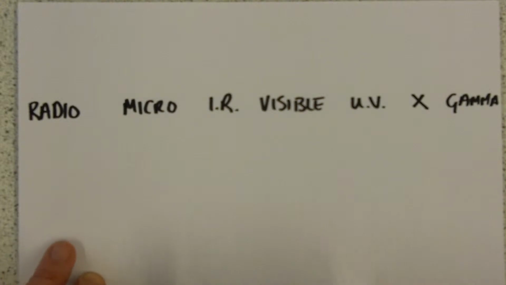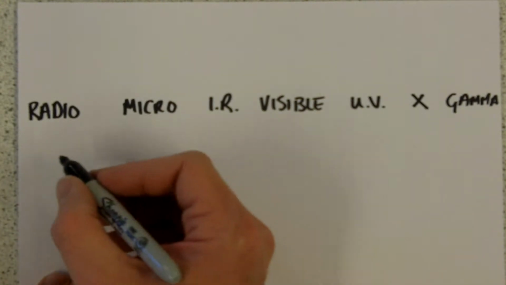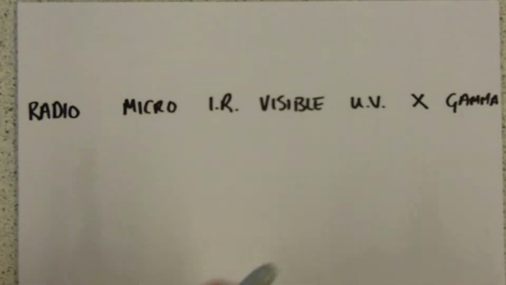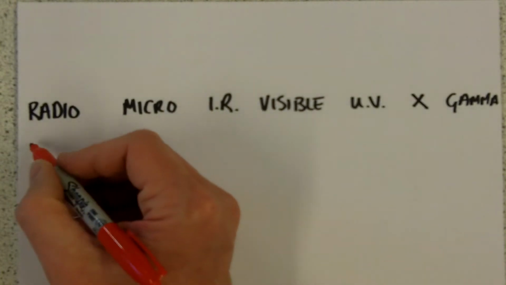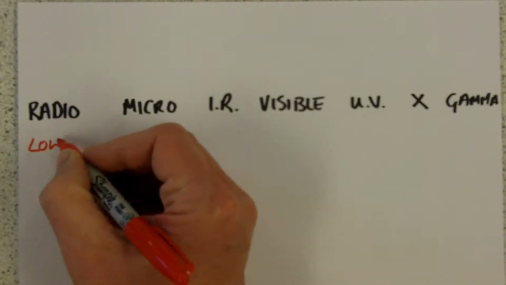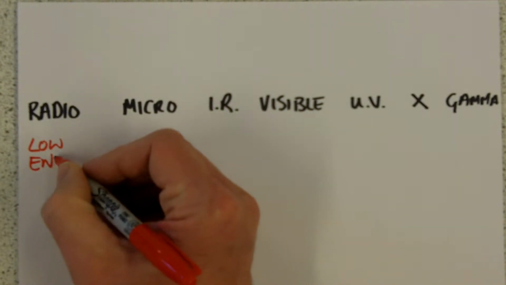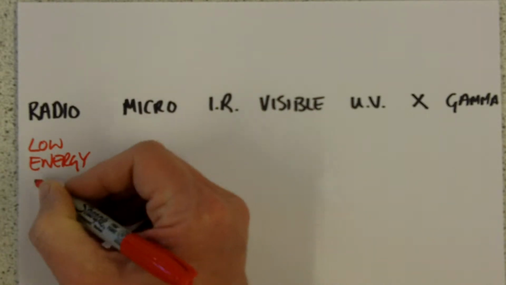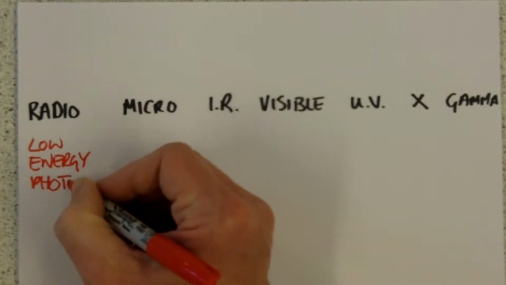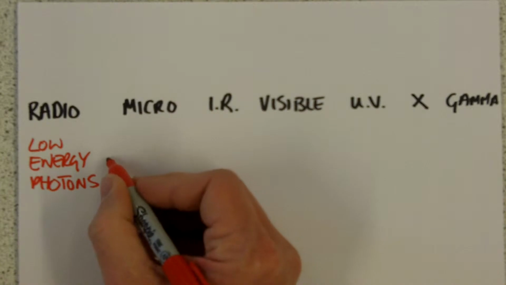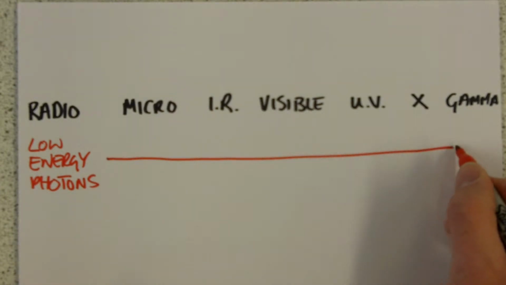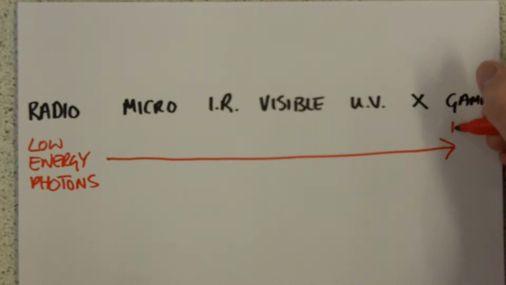The order I've written these in is as follows. At this end we have photons of the lowest energy, so the photons of radio waves are very low energy. As we go through the EM spectrum, all the way up to gamma, we end up at the highest energy photons.